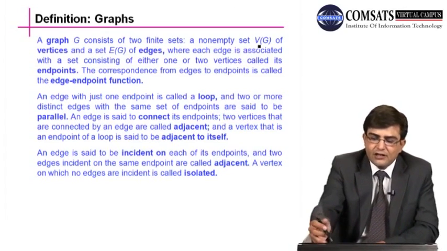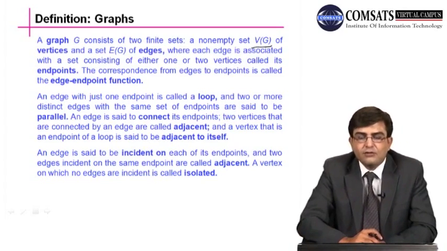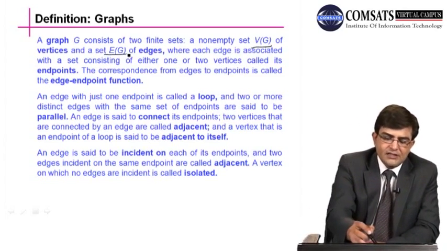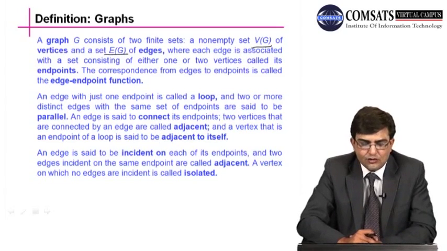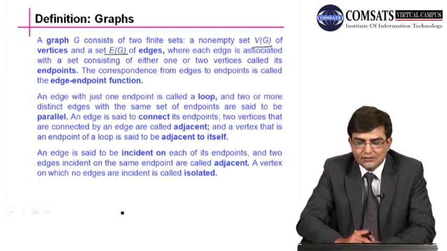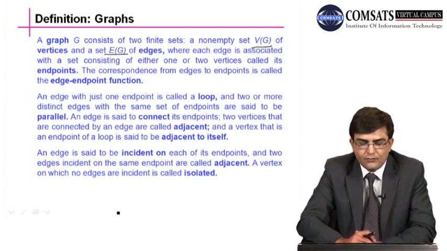A non-empty set V of G is the set of vertices, and E of G is the set of edges, where each edge is associated with a set consisting of either one or two vertices called its endpoints.